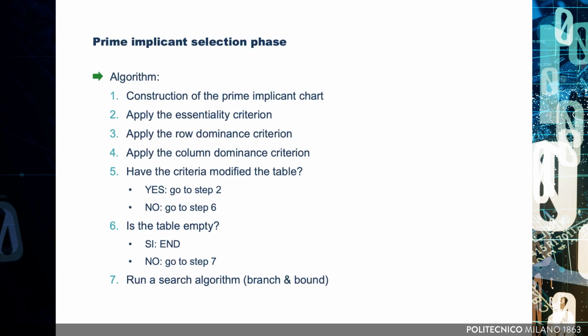In conclusion, the algorithm for the prime implicant selection phase is as follows. First, we construct the prime implicant chart. Once the table is ready, we apply the essentiality criterion to identify essential elements. Next, we apply the row dominance criterion, followed by the column dominance criterion, to further simplify the table.